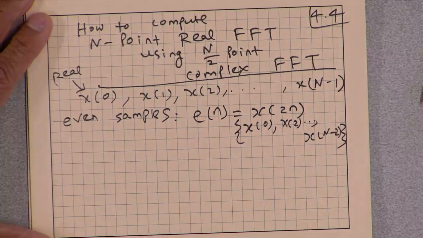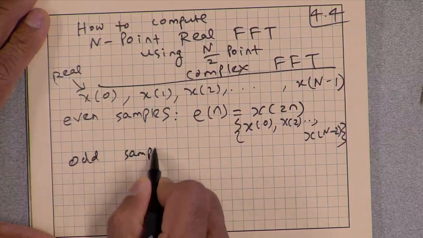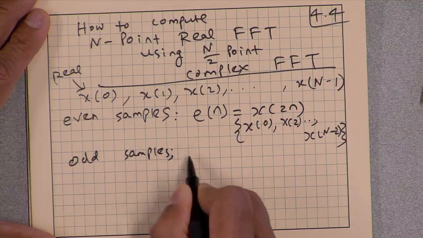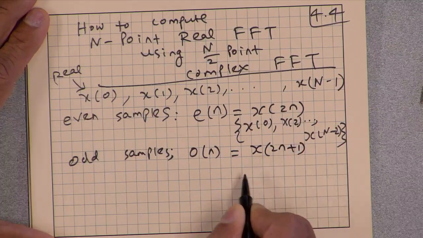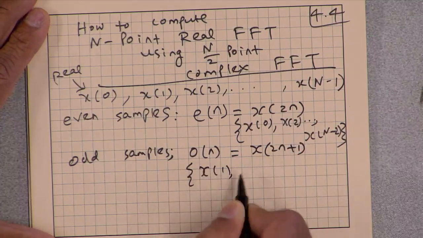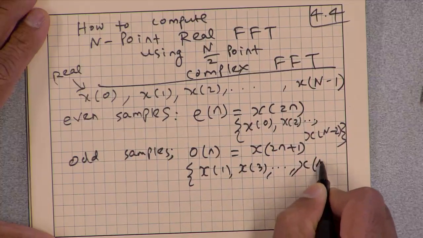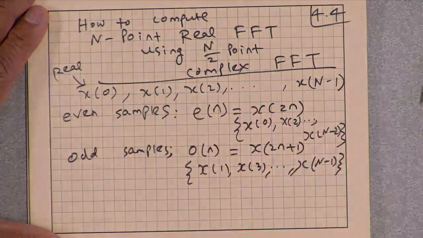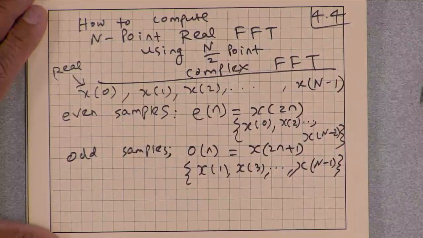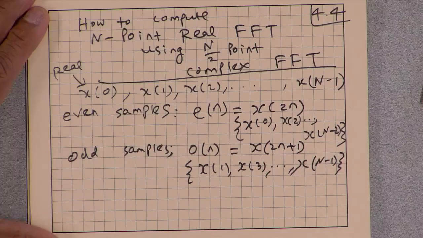And the odd samples, let's call them On, which are x2n plus 1: x1, x3, up to xn minus 1. We are assuming n is a power of 2 because that's usually how those modems are implemented. So we have the even samples and the odd samples.